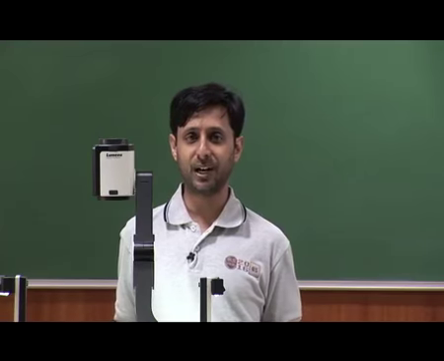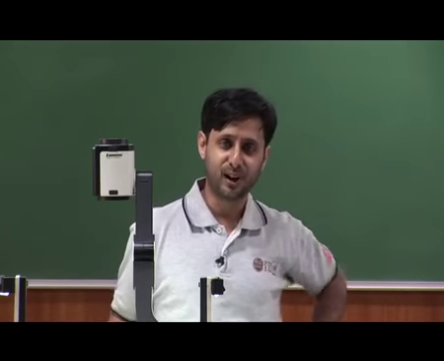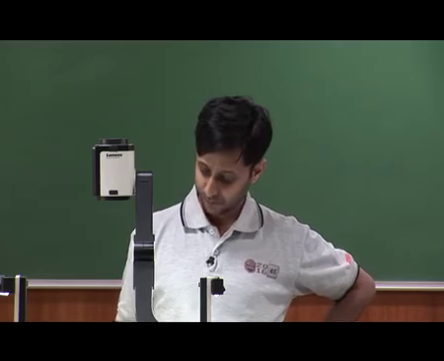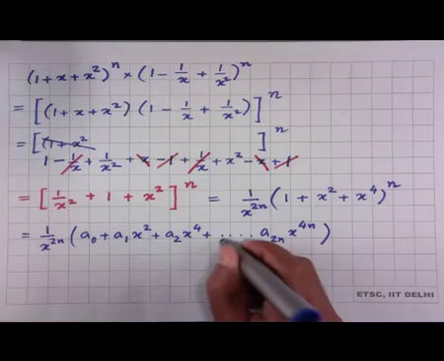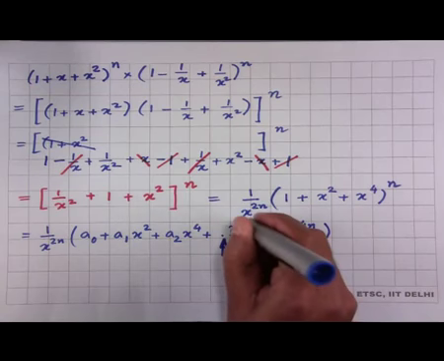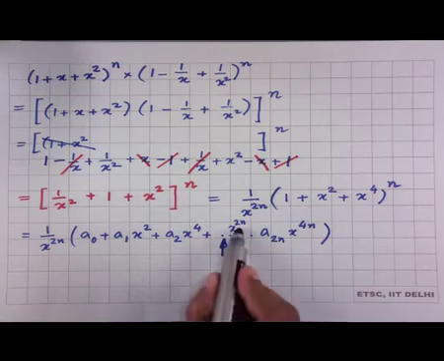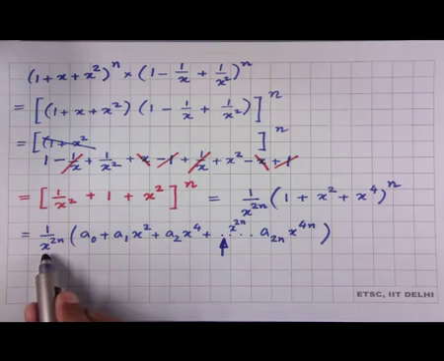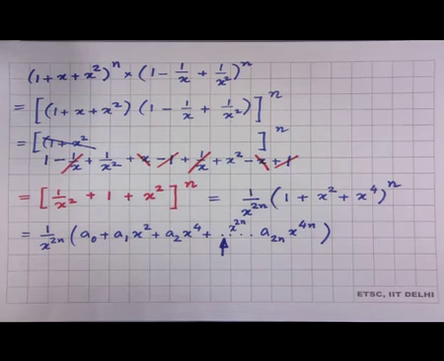I am looking for the term that is independent of x, which means that somewhere inside this there is a term with x power 2 n, and that term will be independent of x because of this outside 1 by x power 2 n. Okay. What is that term?